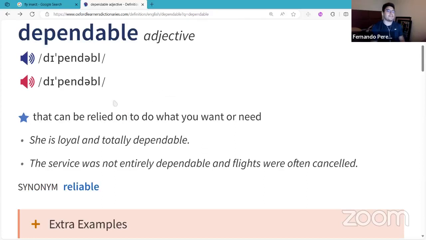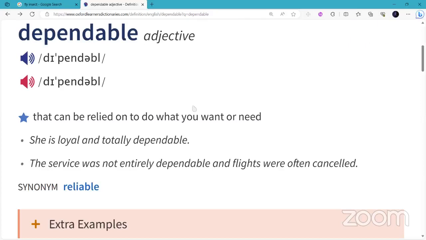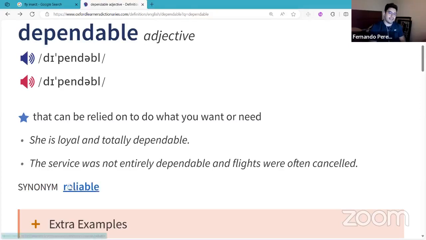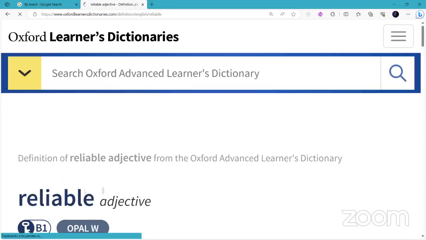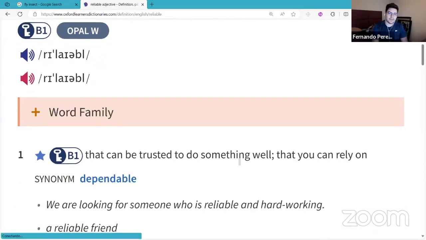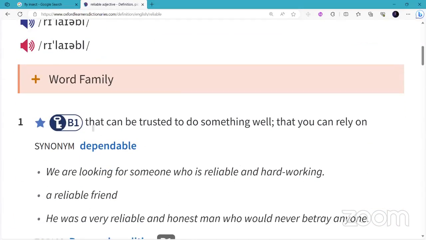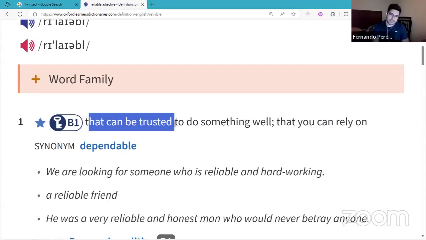Rely is, okay, if I trust you, it's because you are reliable to me. Are you familiar with the word reliable? Not really. That can be an easier word. Reliable is that can be trusted.